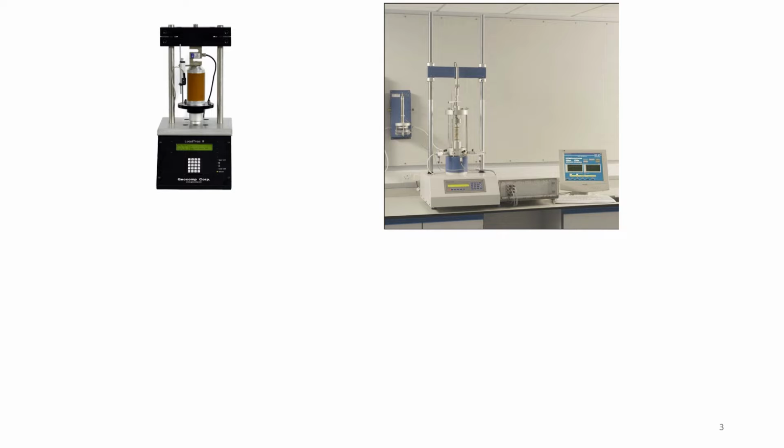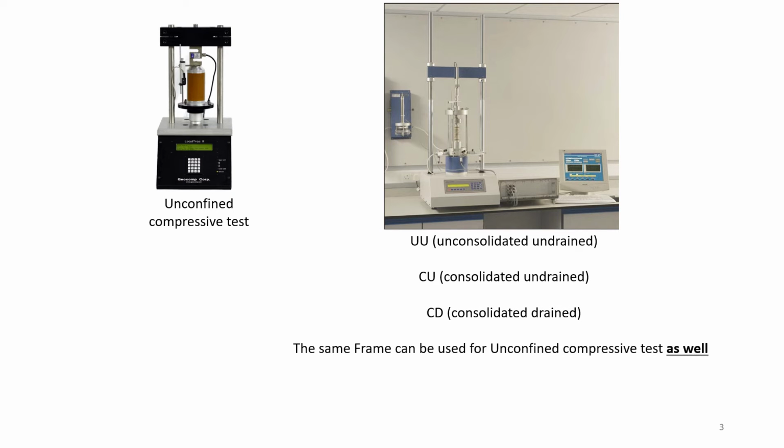Okay, I'd like to show you different equipment frames and what the difference is. The difference is very simple. When you're doing unconfined compression strength, the equipment, and when you do UU test, CU test, CD test, it's actually the same frame.